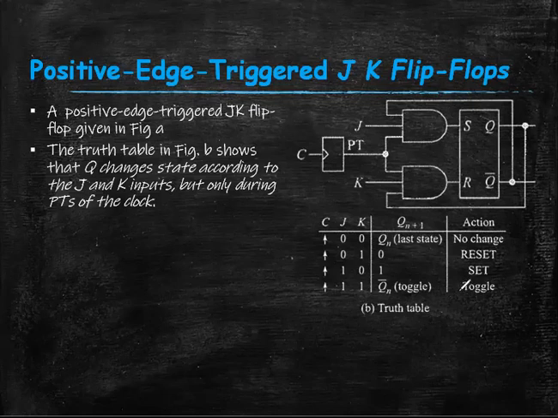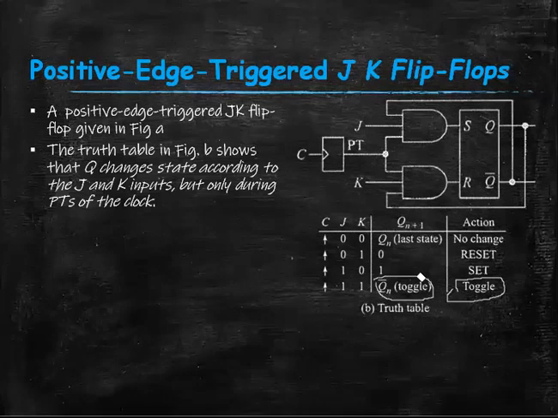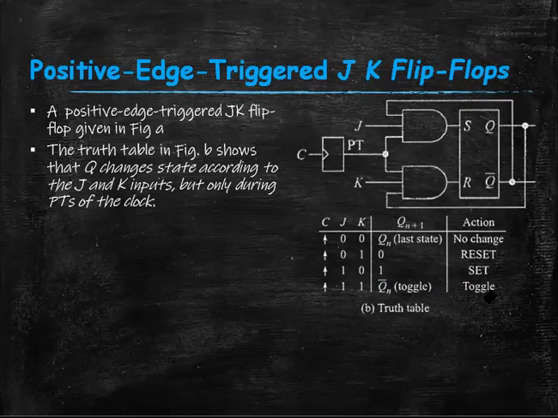The only change is in the last portion, that is, the 1-1 case was illegal in the case of edge trigger RS, but here it is toggle. Toggle means flip. Toggle means it changes its state, that is 1 changes to 0, 0 changes to 1.